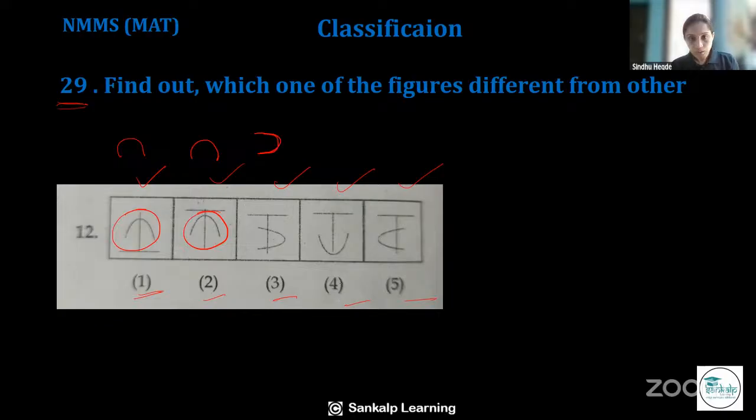And image 4 shows it faces upward and image 5 shows the side. So one common pattern observed in images 1, 2, 3 and 5 is that the curved shape faces downward or sideways.